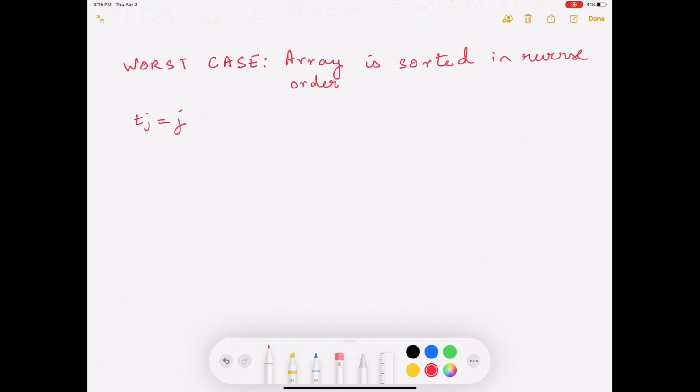So if that is the case, what we have is summation Tj, j running from 2 to n. That is nothing but n times (n plus 1) divided by 2, minus 1.